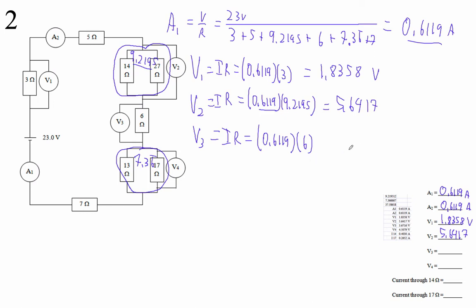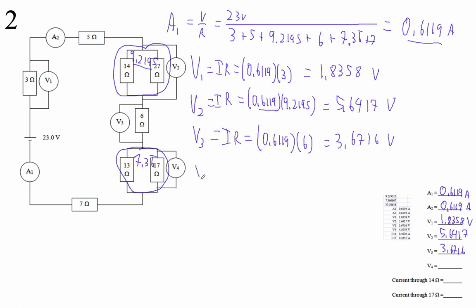Okay, that is 3.67156. So 3.6716. Okay. Those are volts.